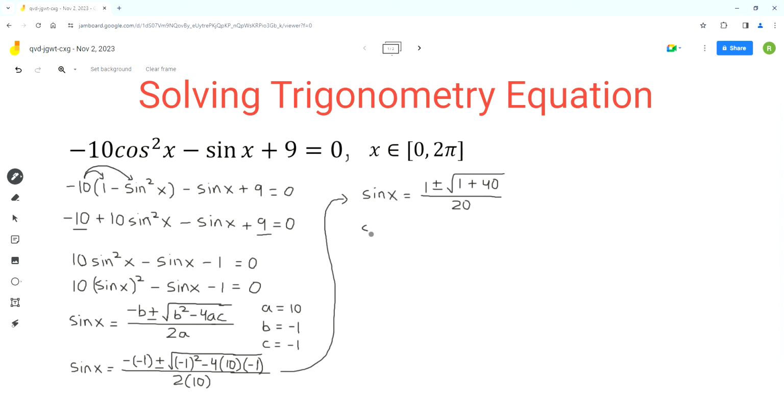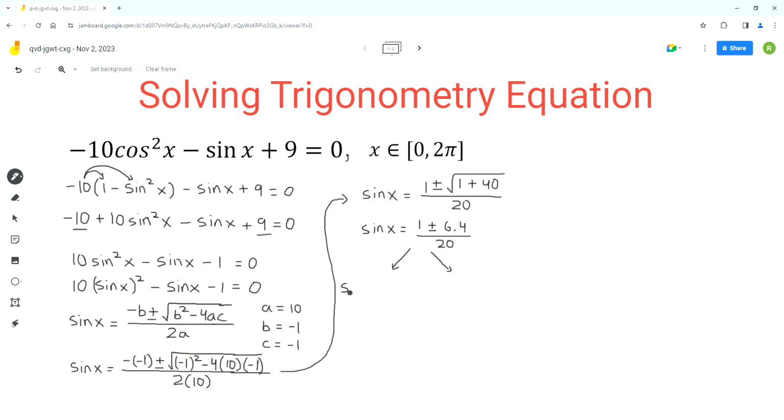Now we can add the numbers under the square root and evaluate the square root. So basically we have to evaluate the square root of 41, which is equal to 6.4. So I'm rounding the answer to 1 decimal place. We get two cases, a positive case and a negative case.